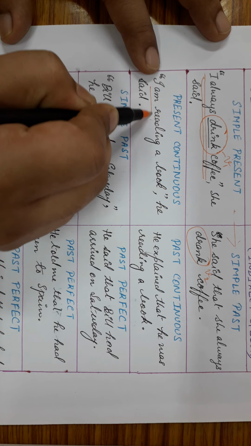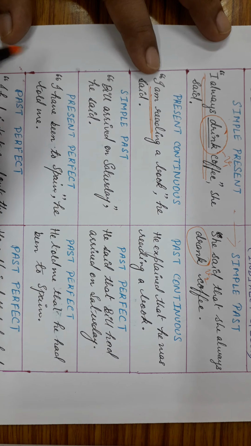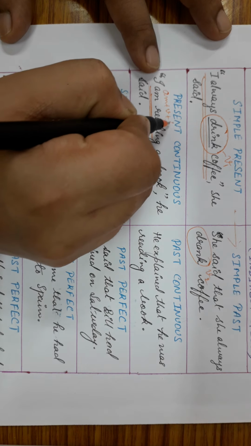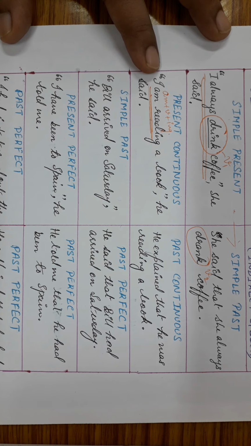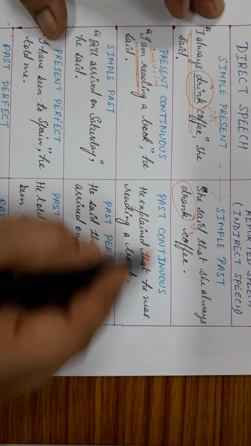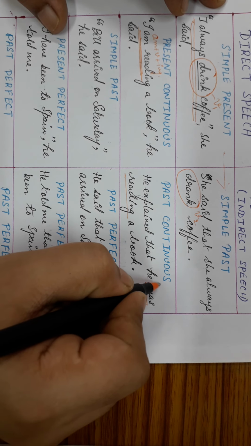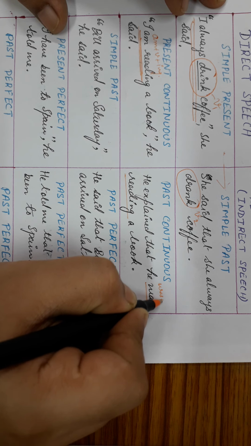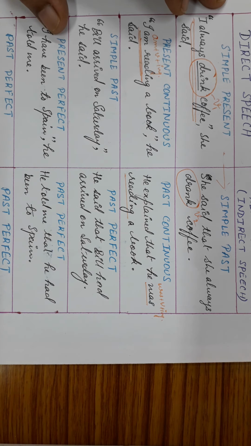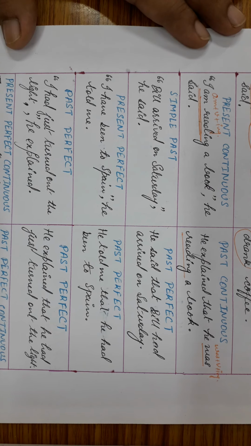You can simply look at the verb structure. It is am plus verb plus ing. So that converts into corresponding past continuous. How? It becomes was plus verb plus ing. This way.